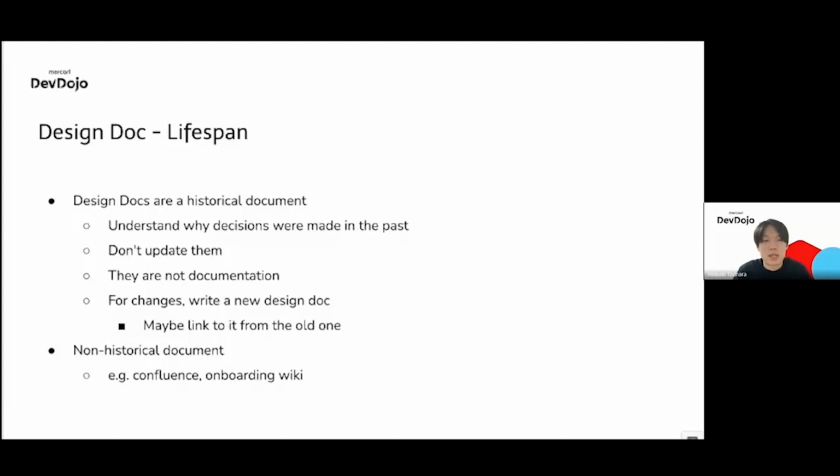So what are non-historical documents then? This would be Confluence or onboarding wikis. For example, onboarding wikis or information that explains the development process. That kind of information is not helpful if we have past historical documents.